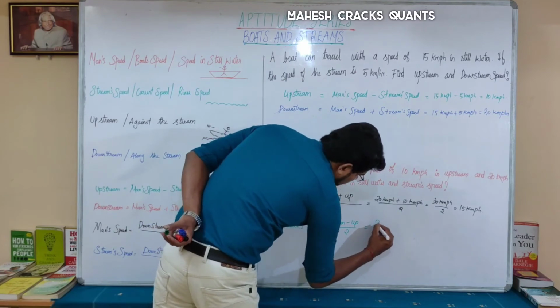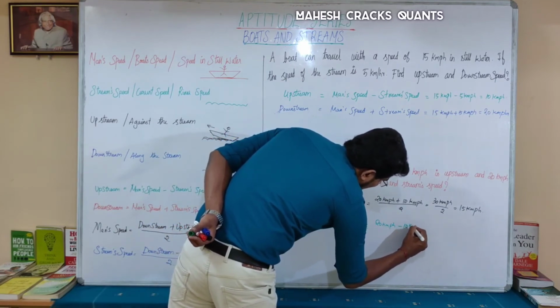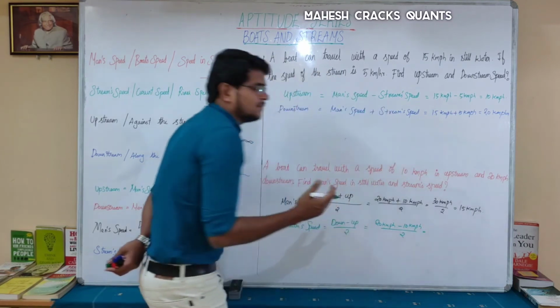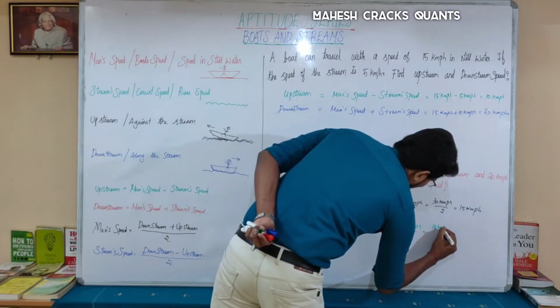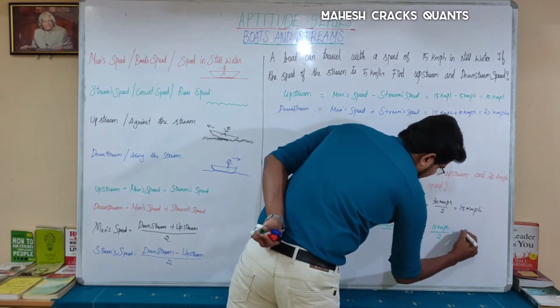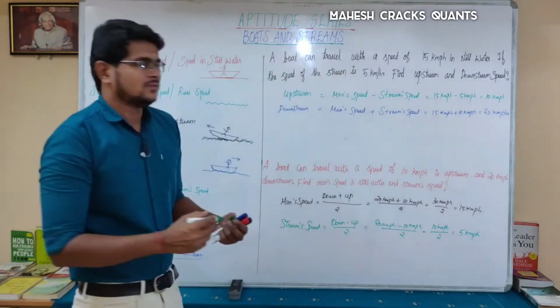So equal to 20 km per hour minus 10 km per hour divided by 2. So 20 minus 10, you will get 10. So 10 kilometer per hour divided by 2, which is equal to 5 kilometer per hour. So you got the answer from the question.